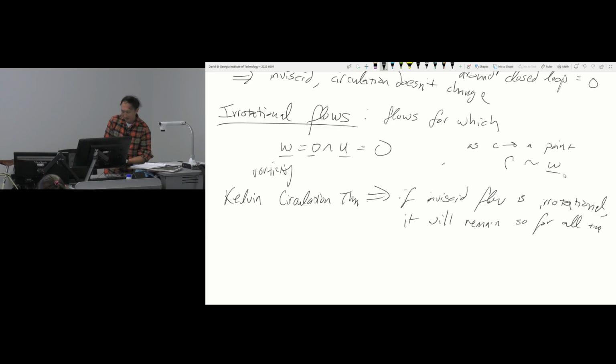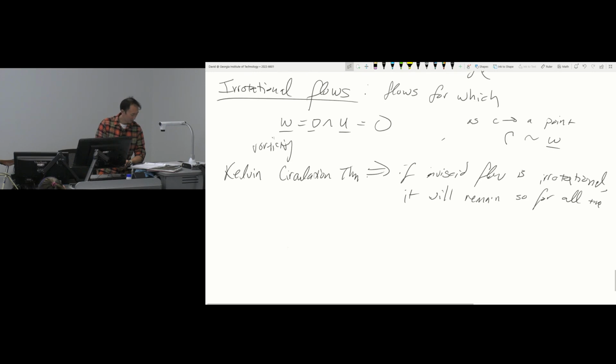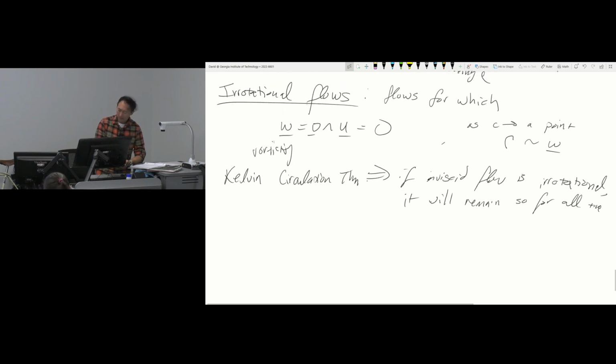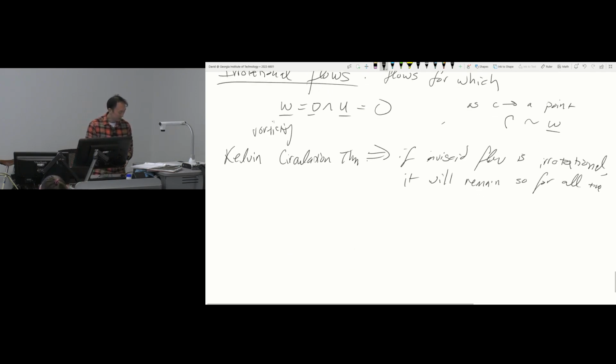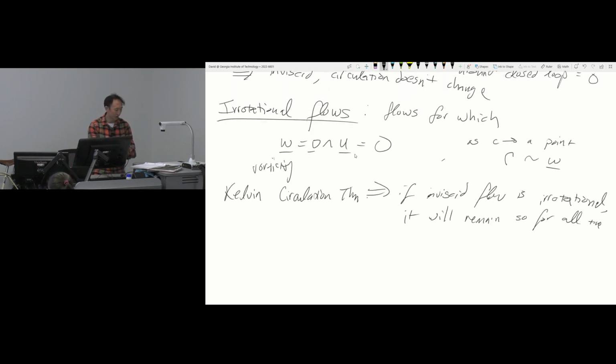We talked about this a little bit when we did those problem sets involving calculating the omega, calculating this vorticity vector. So basically, for these irrotational flows that have this omega being 0, there's a theorem that says if you have no circulation, you can write the velocities as a potential.